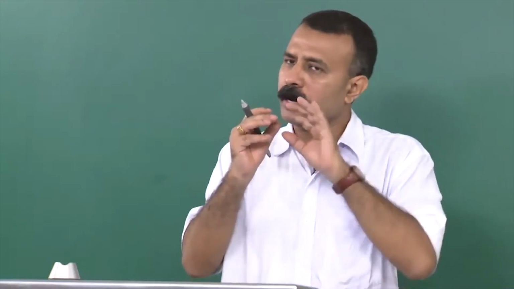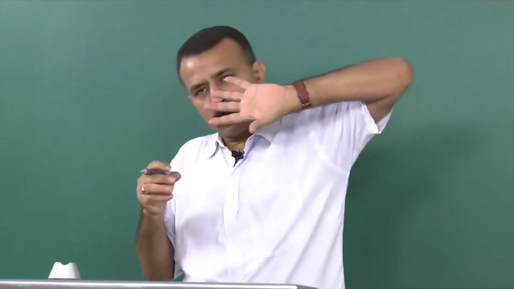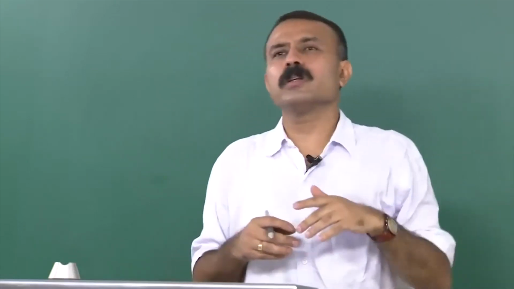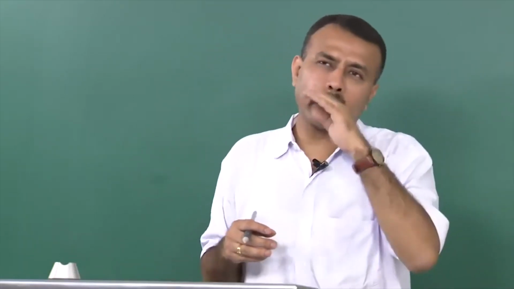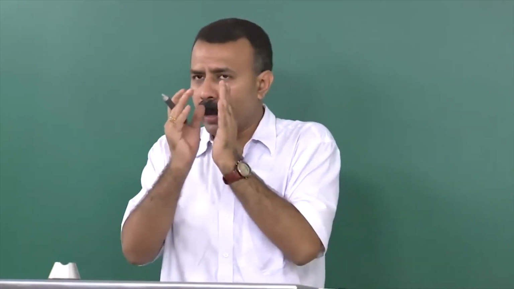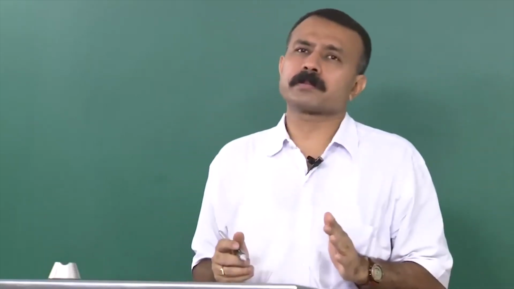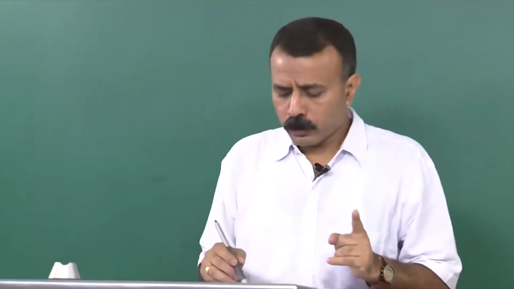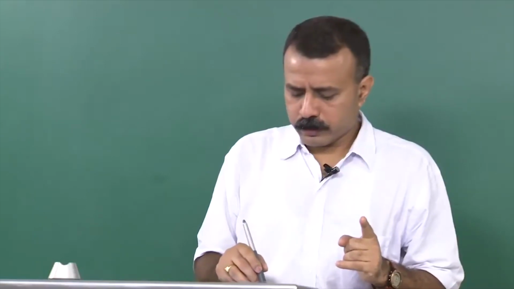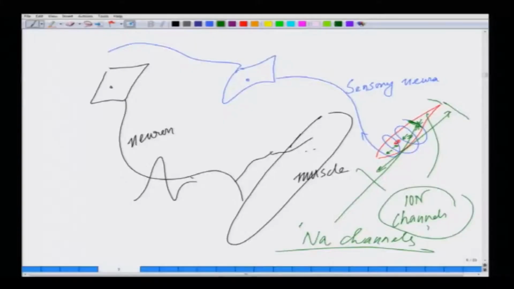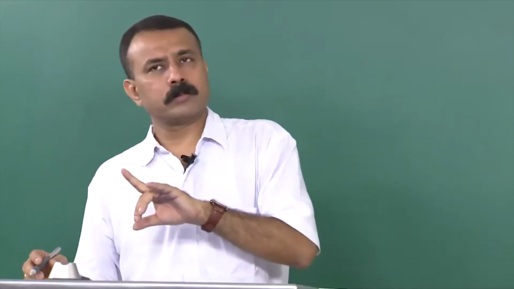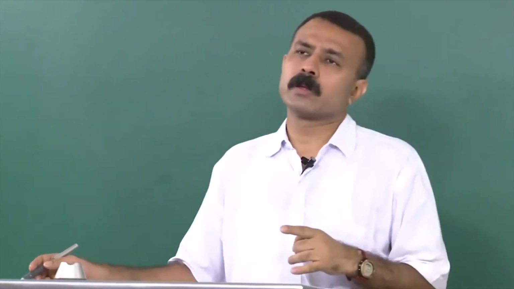They are small, yet they can translate mechanical information into electrical information at the micron level. So, we really do not know how this information of change in length is conveyed from the muscle spindle to the sensory neuron.